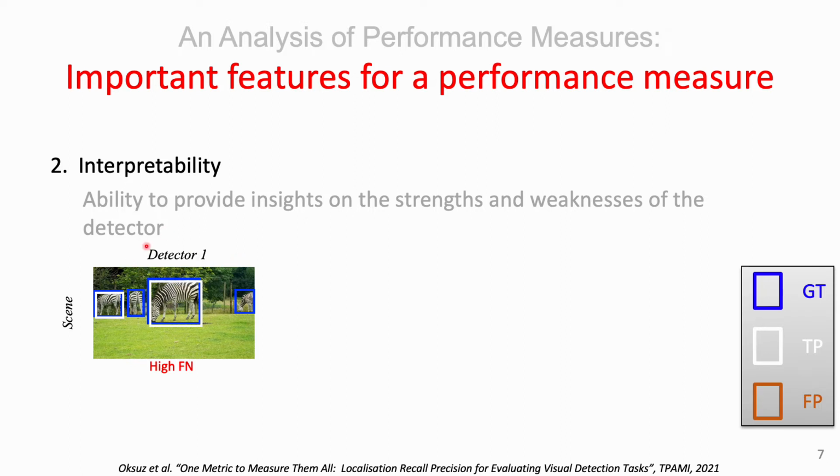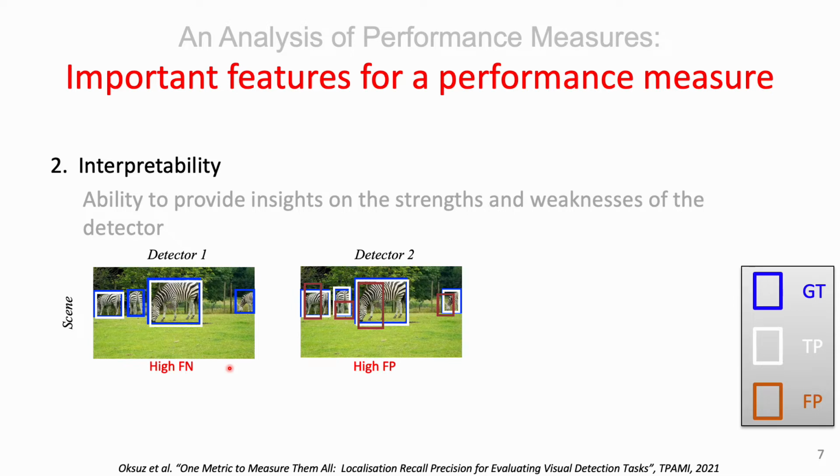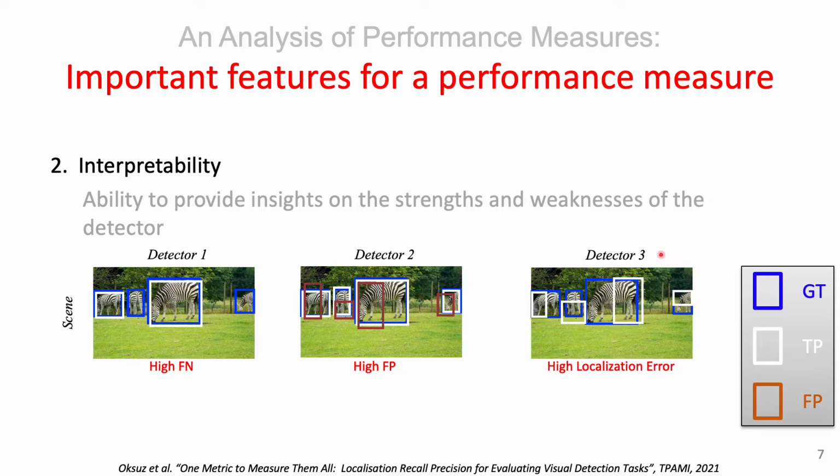Here we see that detector 1 is not providing an ideal performance, as it is providing a high false negative rate. We can easily find another detector which provides a high number of false positives instead, and we can consider another detector that provides high localization error instead.